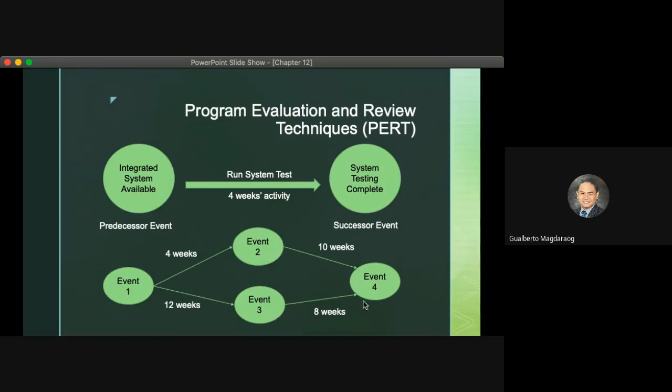And then event 3 to event 4 is 8 weeks. So event 4 will not start unless event 1 to event 2 is finished and event 1 to event 3 are also finished. Hindi siya pwedeng mag-start unless tapos na yung tatlo. Okay, so the placement of the circle has a significance on the analysis of the events using the PERT system.